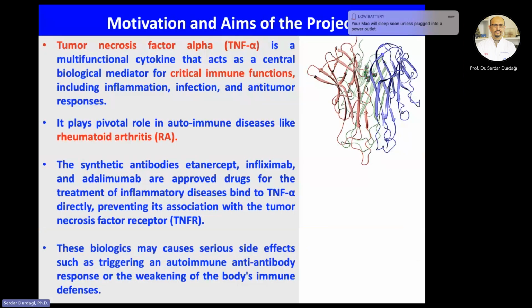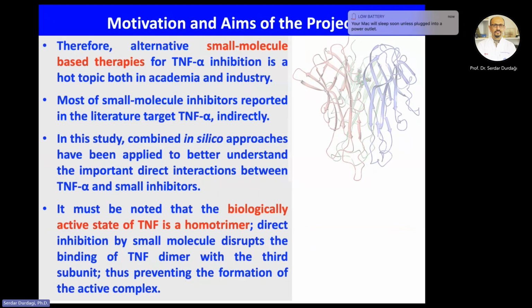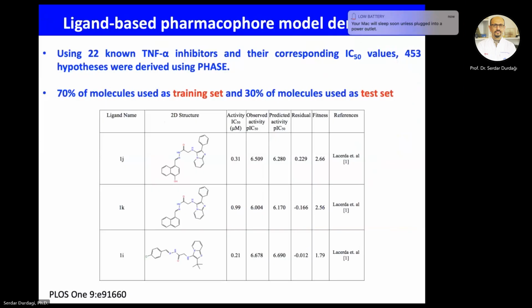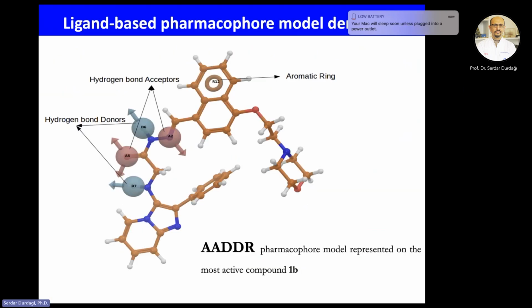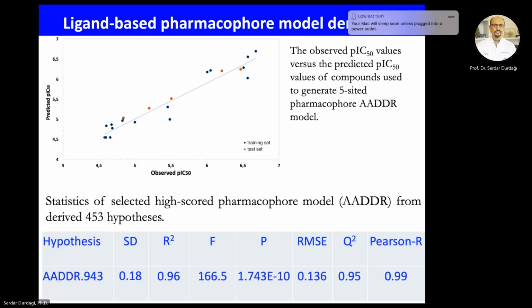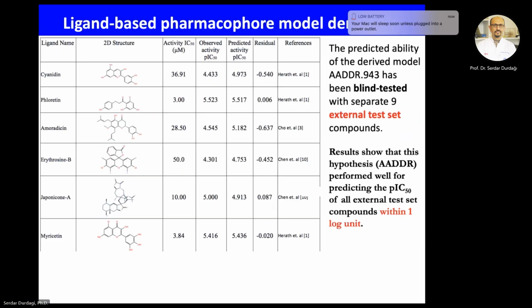Another example, we tried to find TNF-alpha inhibitors. It is a trimer. Initially we constructed the QSAR model with 22 known TNF-alpha inhibitors with their corresponding activities. This is the model that we received. Then we checked the statistical results, which looked good.